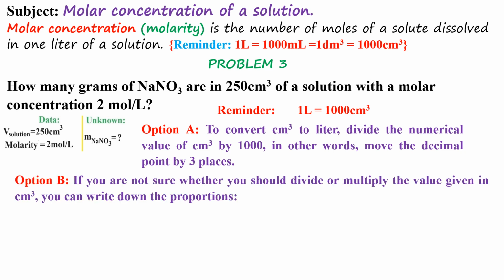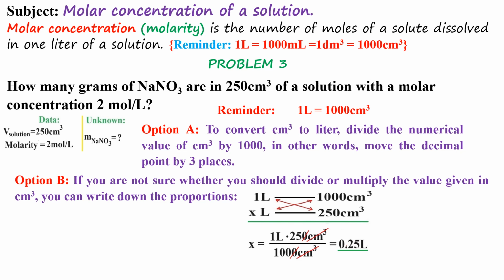If you are not sure whether you should divide or multiply the value given in cubic centimeters, you can write down the proportion. 1 liter corresponds to 1000 cubic centimeters, so x liter corresponds to 250 cubic centimeters.